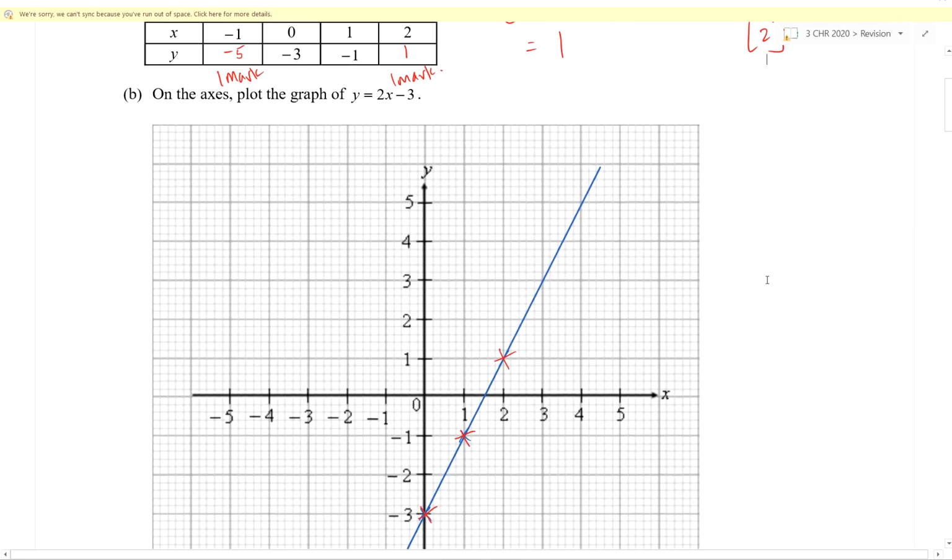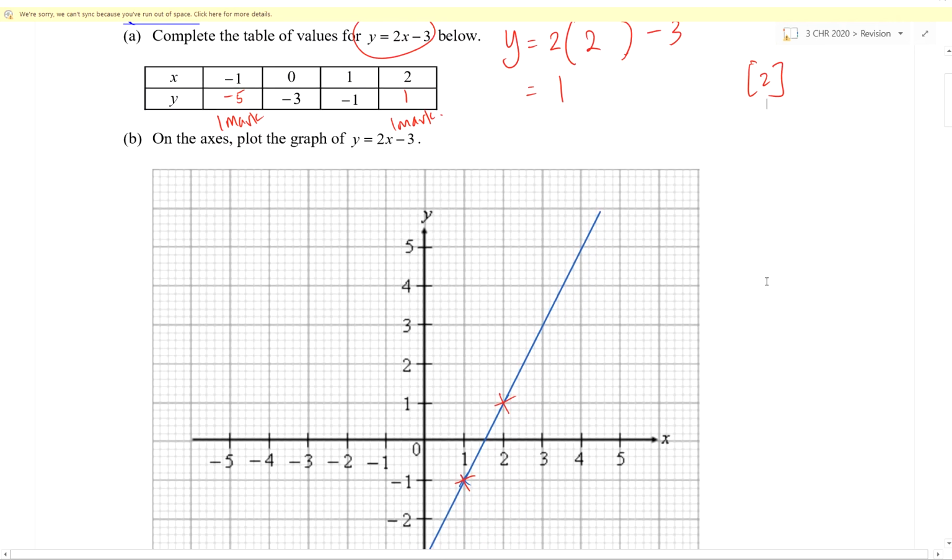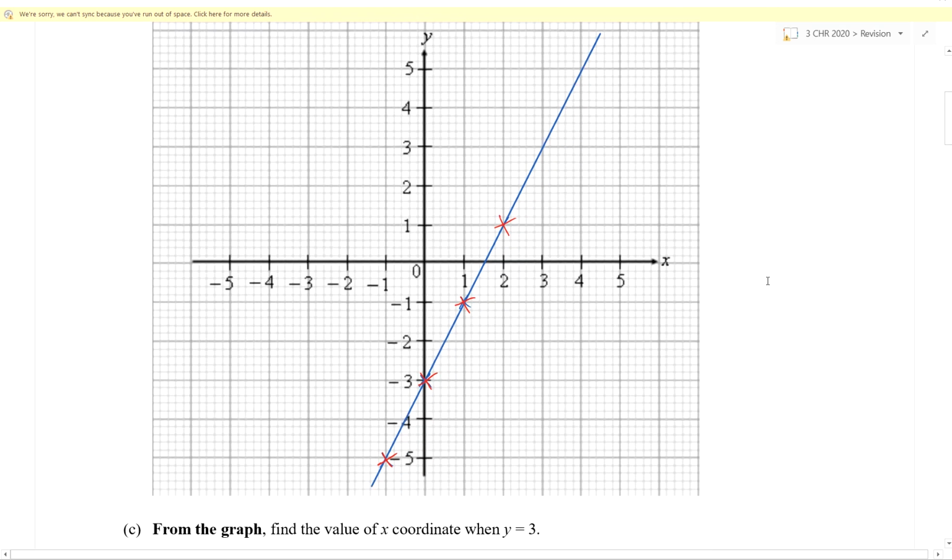Part B. There are 4 points, 1, 2, 3, 4, that they have to plot. Check that the 4 points in red are the same as mine shown in red. If you have all 4 points correct, that means 1 mark.